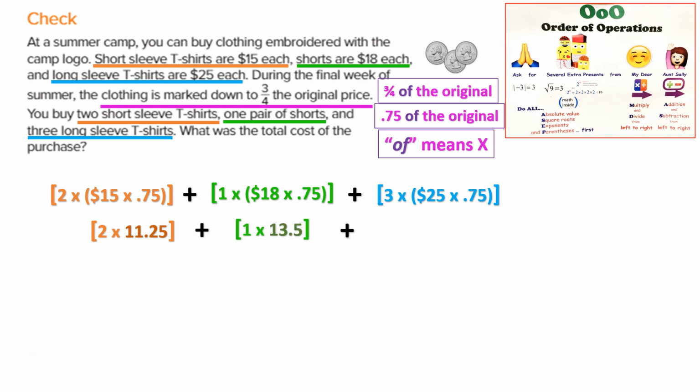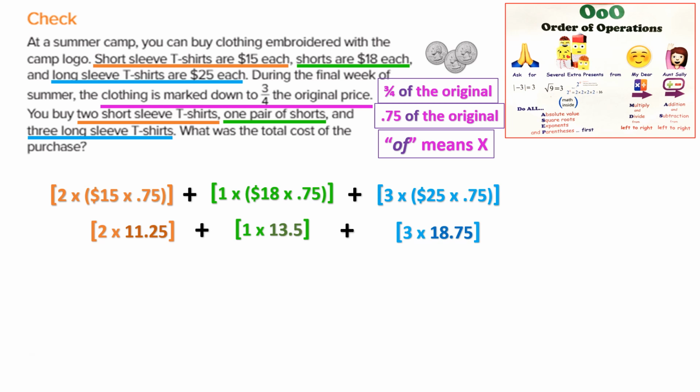Well, you're going to get 13.5, and for the shorts, therefore, you're buying 1 pair. And then we have to figure out how much we're being charged for the long sleeve t-shirts. $25 a piece. We're going to pay 3/4 of that, and 25 times 0.75 is $18.75. And I'm buying 3 of those.